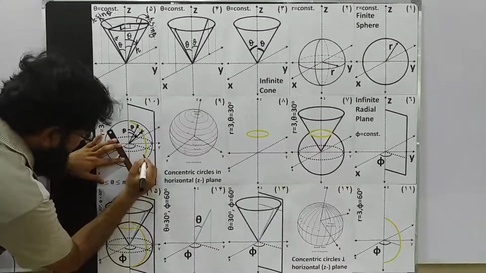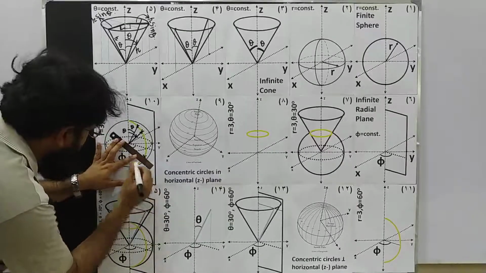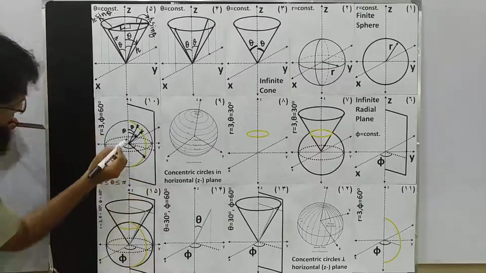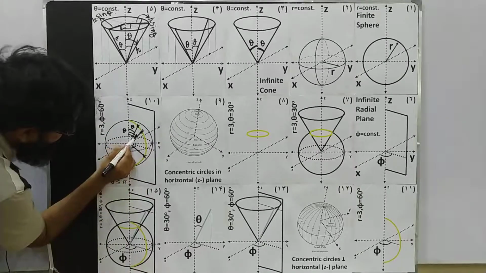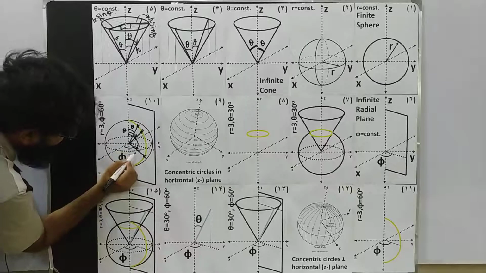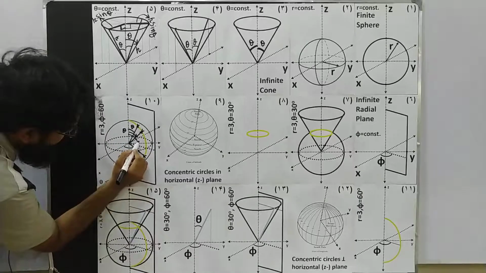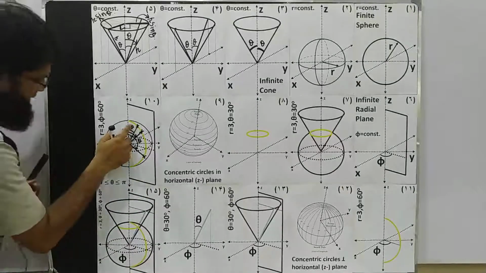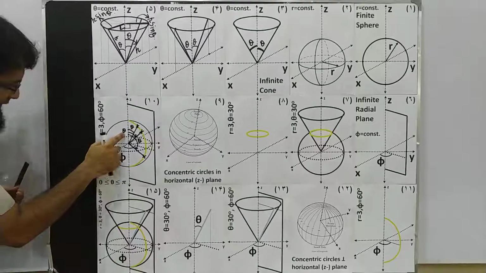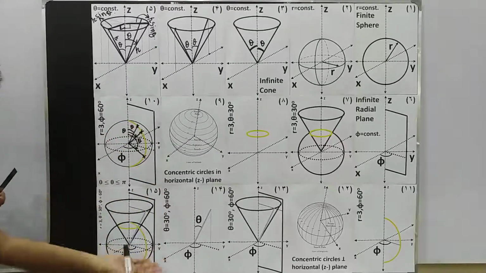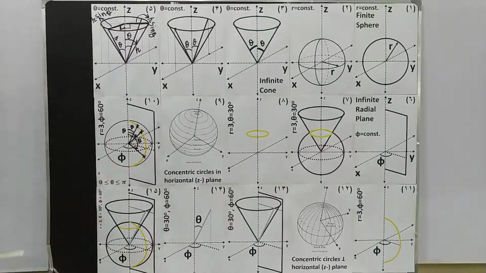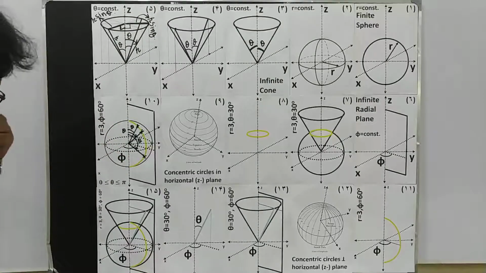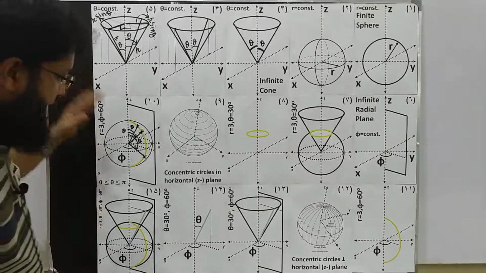If the destination is here somewhere, and I join this point to the origin, this angle from z all the way to this point will give me theta. So theta will change, maybe 30 degrees, maybe 50 degrees, maybe more than 90, some 120 degrees or so. So these are the lines over which the values of theta change, while r and phi remain the same.